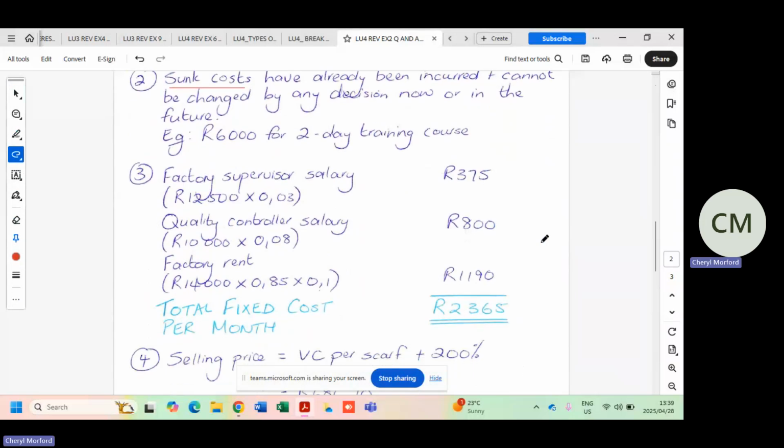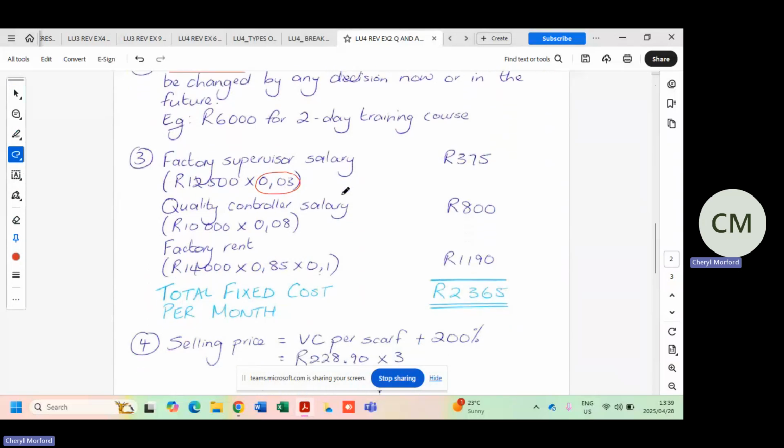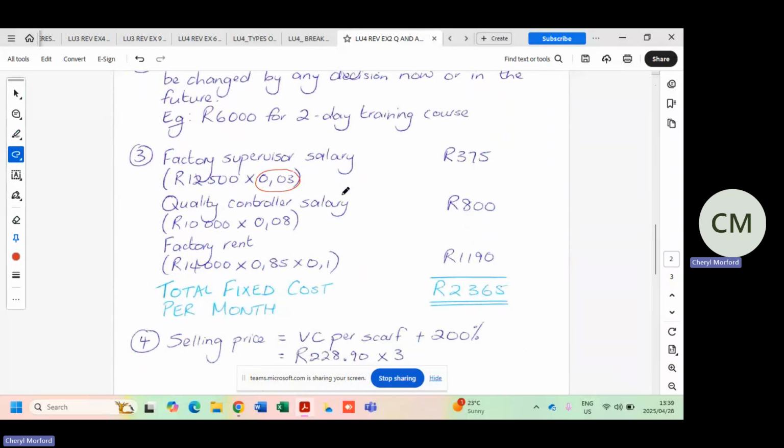Now moving on to the fixed costs. We've got 3 things here. The supervisor of the factory, their salary, importantly only the 8%, so 375 Rand. Similarly with the salary of the quality controller, not the full salary, but only 8%, which is the 800 Rand.